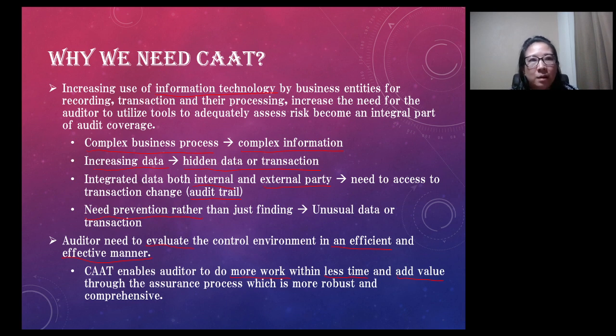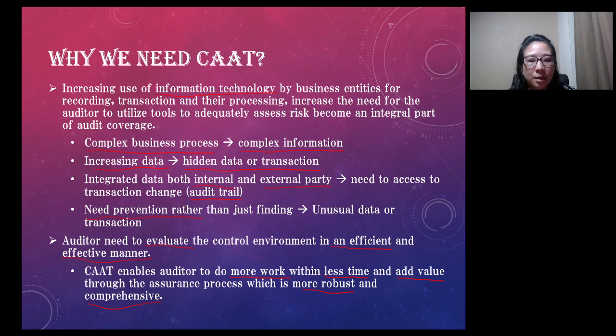It means that rather than just finding a mistake, if it's possible, the auditor also needs to do prevention, like I said before. Okay, so it means that the assurance process or the auditing process needs to be more robust and comprehensive.